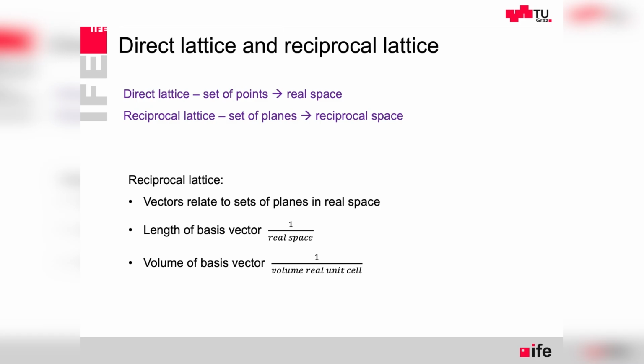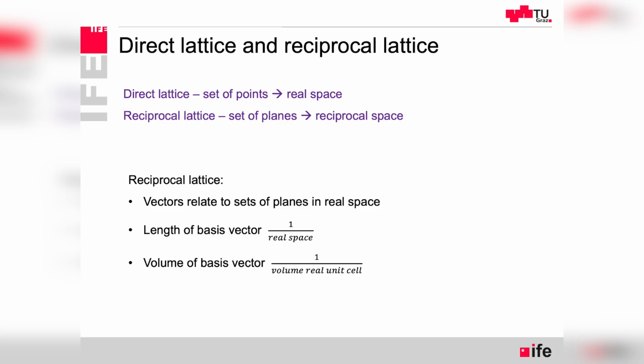In this reciprocal lattice, the vectors relate to sets of planes in the real space. We can see that in 2D: we can create many planes of the 2D lattice, and now we will be talking about sets of planes.